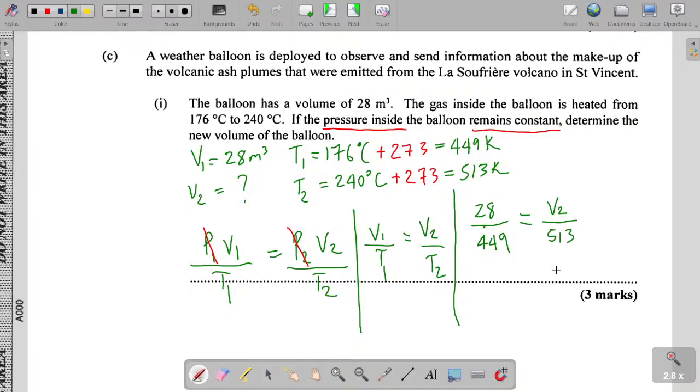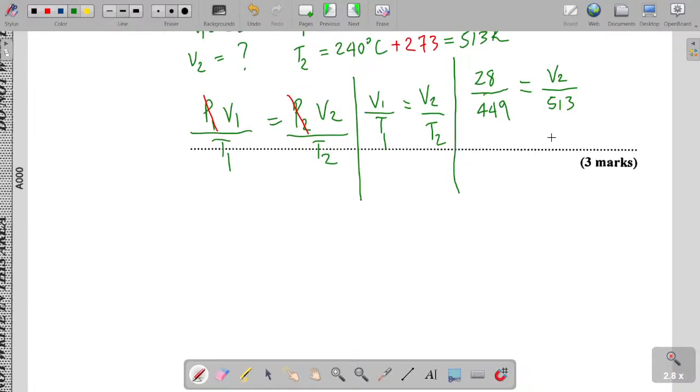And in order to find out V2, we're going to transpose the equation here. So we're going to multiply each side of the equation by 513. So 513 times 28, all divided by 449, will give us the value for V2.